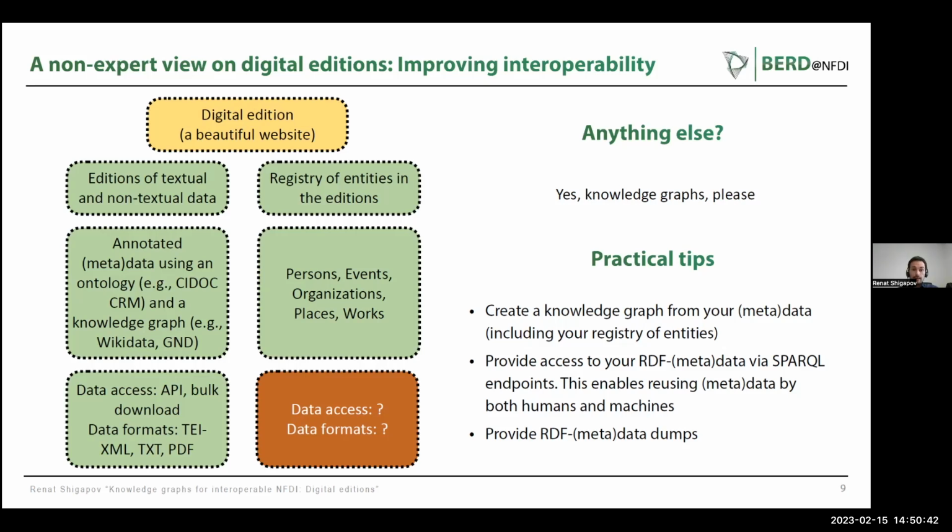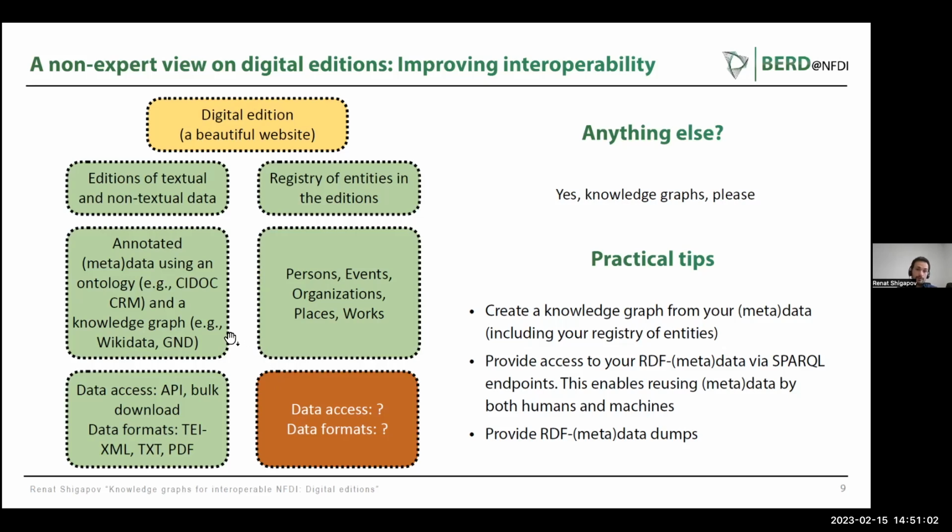These editions contain annotated metadata and data using an ontology, for example, CIDOC-CRM, and they contain links or annotations to identifiers in knowledge graphs, for example, in Wikidata or the German authority file.